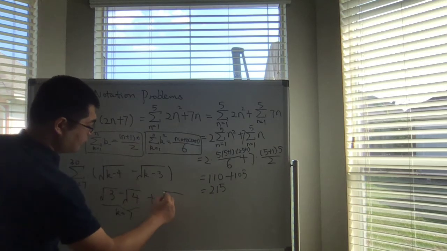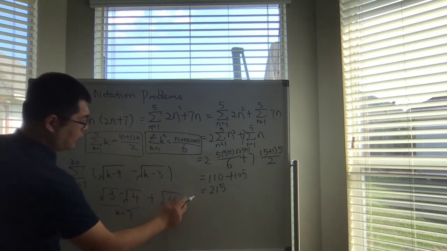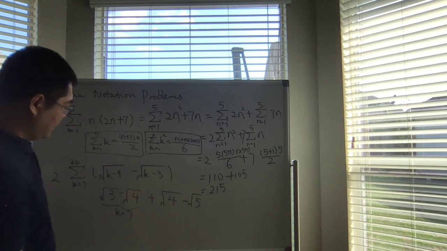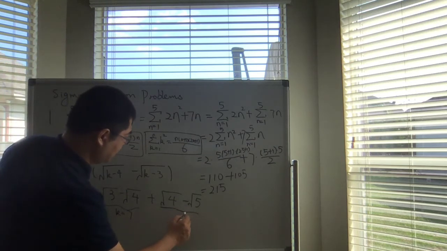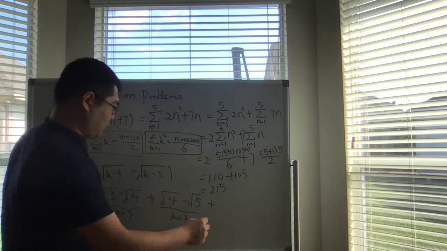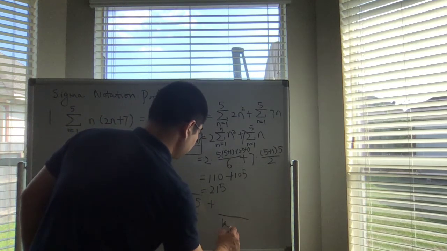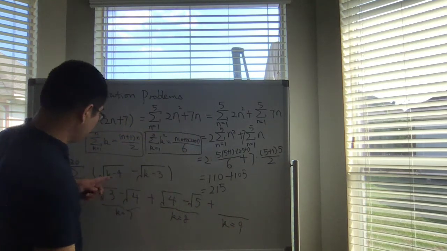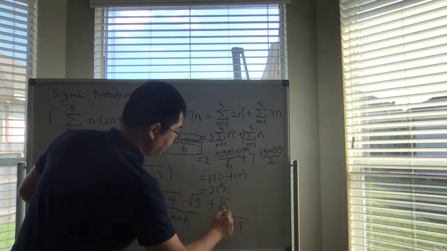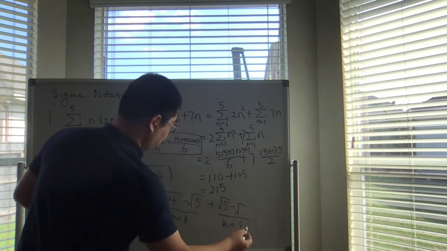You have square root of 8 minus 4, which is square root of 4, minus square root of 8 minus 3, which is square root of 5. And this is k equals 8. Well, let's write one more. When k equals 9, you're going to have square root of 5 minus square root of 6.